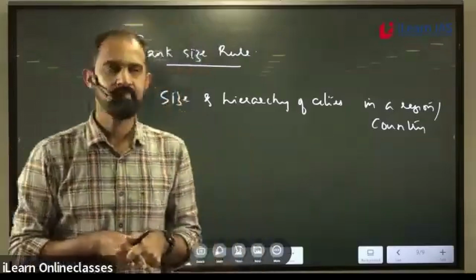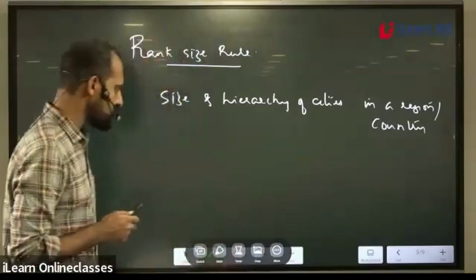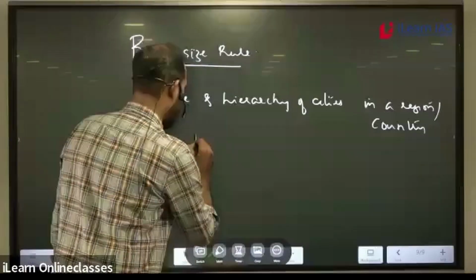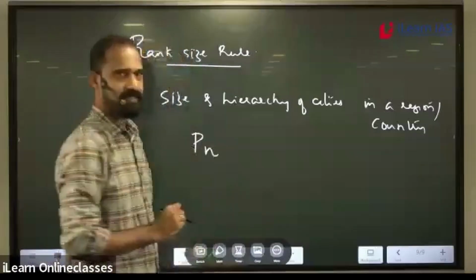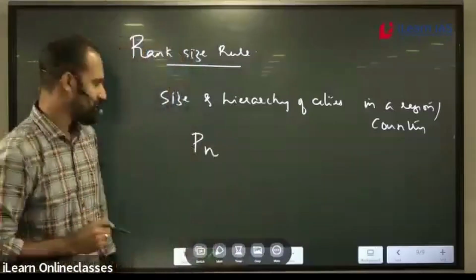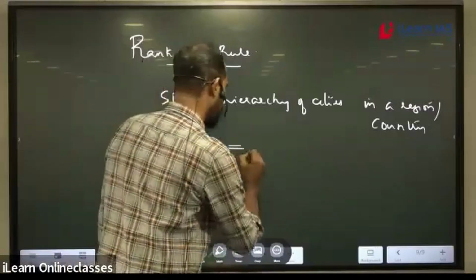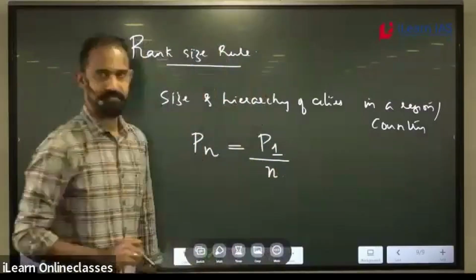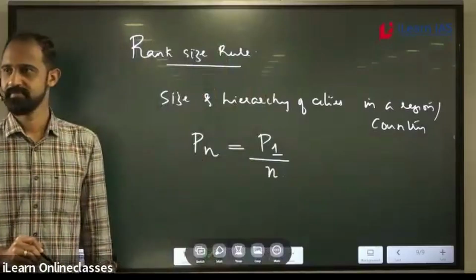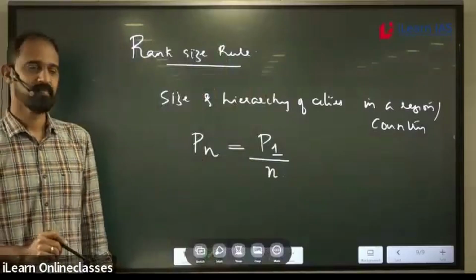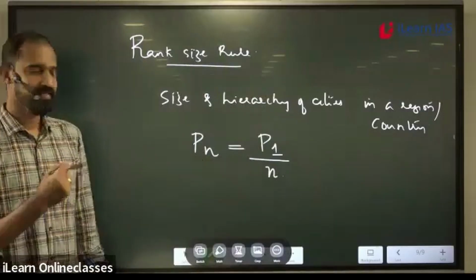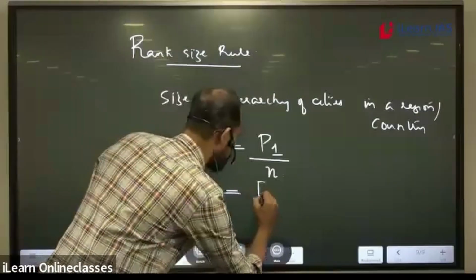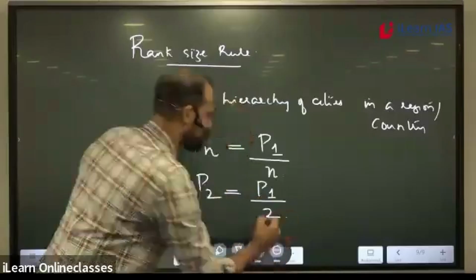Now, it simply says like this. The principle is very simple. The population of the nth largest city of a country is equal to the population of the largest city divided by n. For example, the population of the second largest city is equal to the population of the largest city divided by 2.